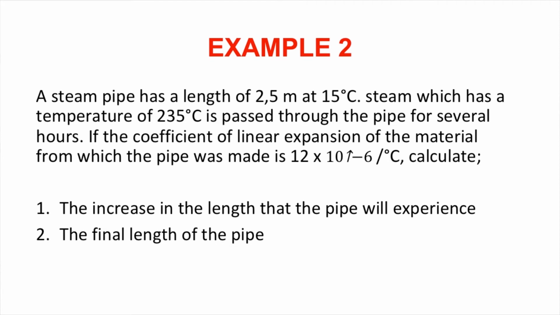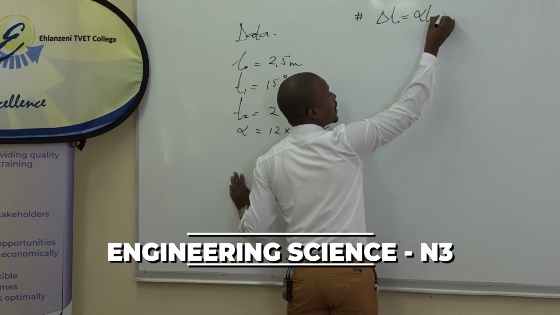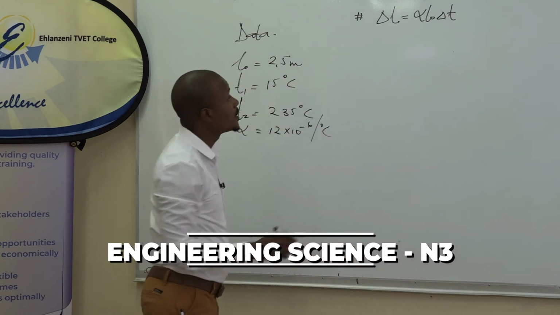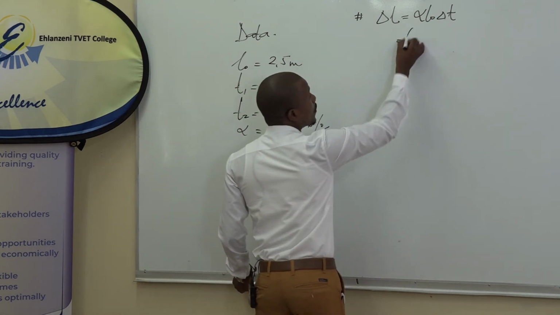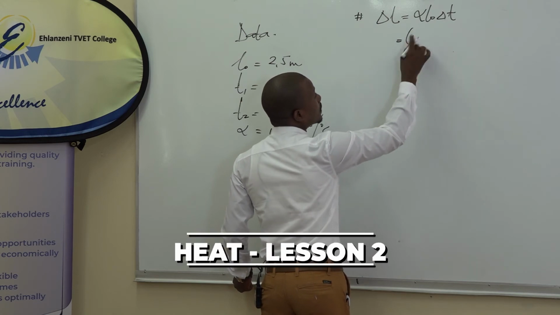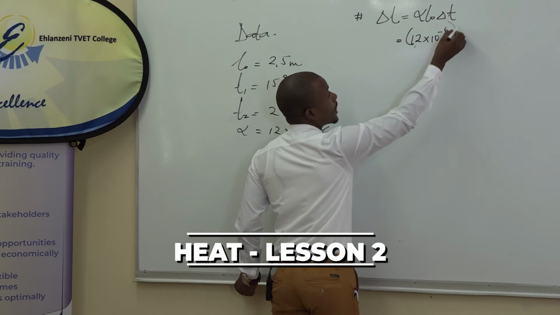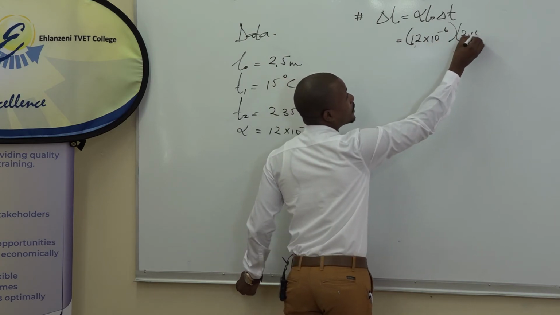Now, the first thing they want us to do here is to find the increase in length that the pipe will experience. How do we do that? We apply that equation that we had. Change in length is equal to coefficient times original length multiplied by change in T. What is our coefficient? 12 exponent negative 6. Original length 2.5.